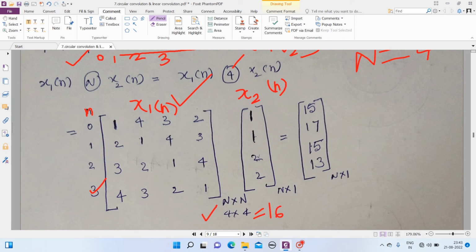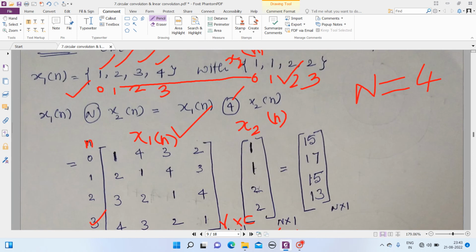This is an N cross 1, meaning 4 rows and 1 column. You know very well how to represent 4 cross 1. This is a 4 by 4 matrix, row into column. See here, the x1 sequence is 1, 2, 3, 4.